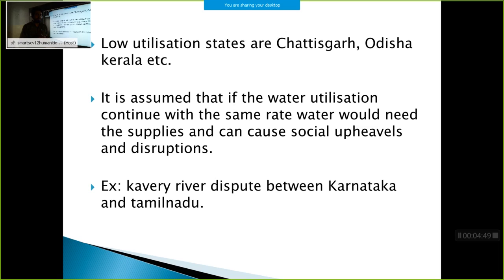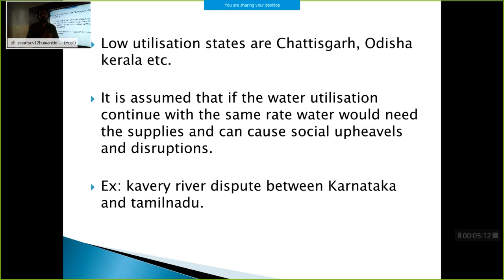We can take a small example like the Kaveri river dispute. I think most of you must have heard of it. It is between Karnataka and Tamil Nadu regarding the distribution of water between them. But Kerala is also in between, because the water is divided among 3 states, Karnataka, Tamil Nadu and Kerala.